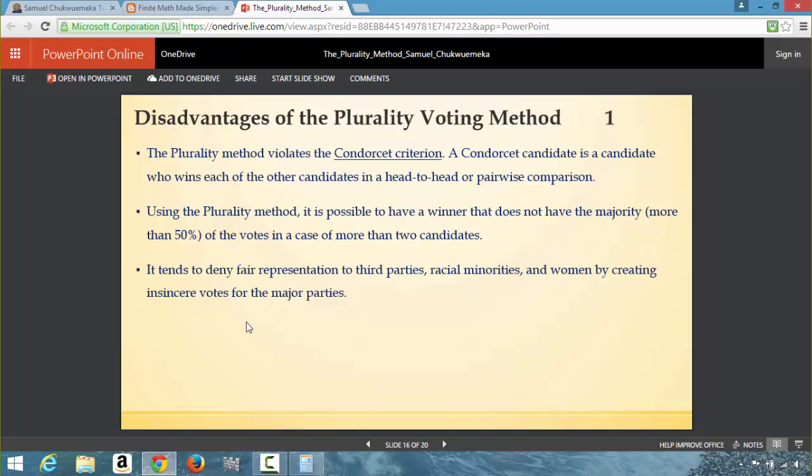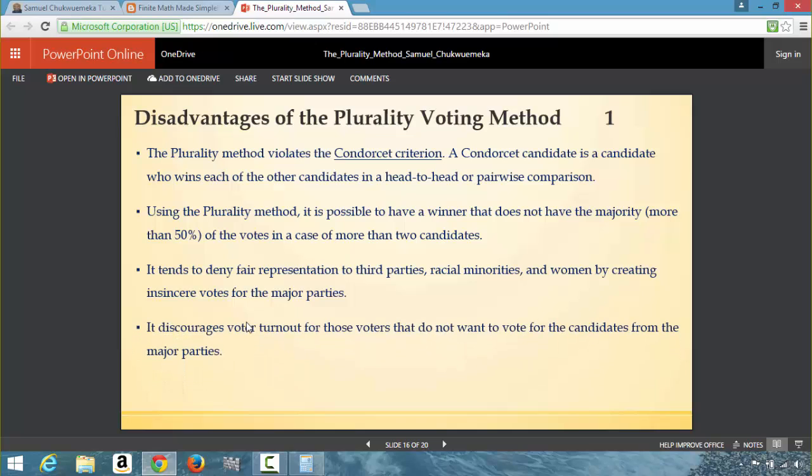That is insincere votes for the major parties. I mean, come on now, it's a normal occurrence. It's one of the disadvantages, a major disadvantage of the plurality voting method.